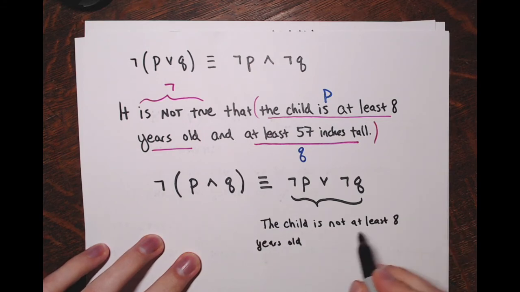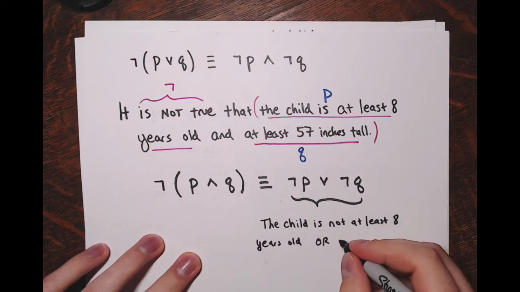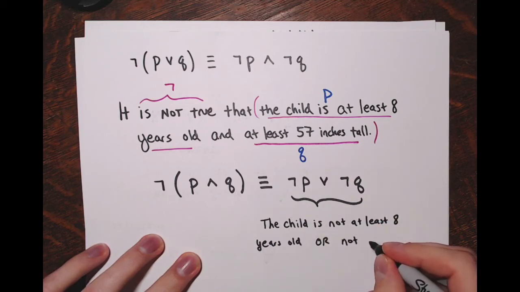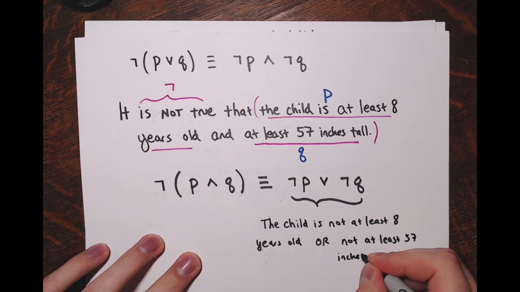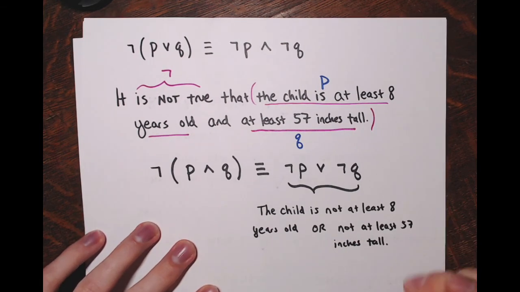All right, that's not P, or, and then not Q would be, the child is not at least 57 inches tall. Now, what's a better way of saying that? Because not at least 8 years old, I mean, come on, nobody says it like that.